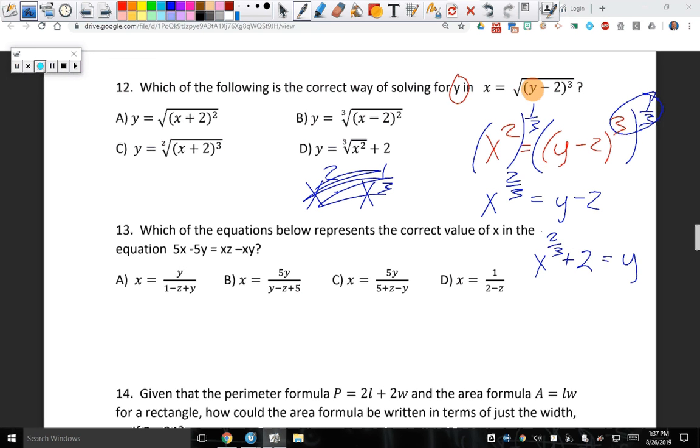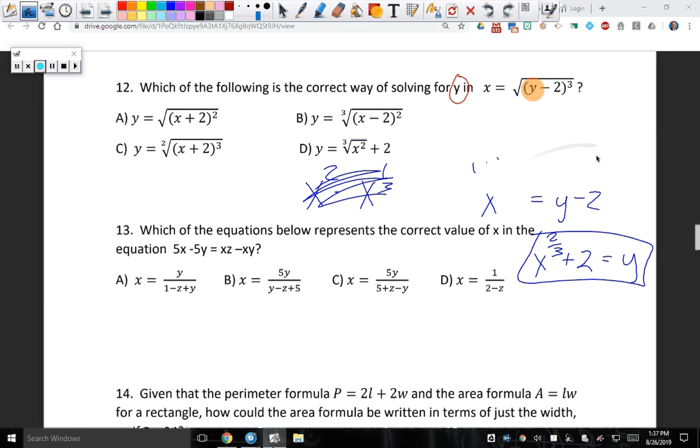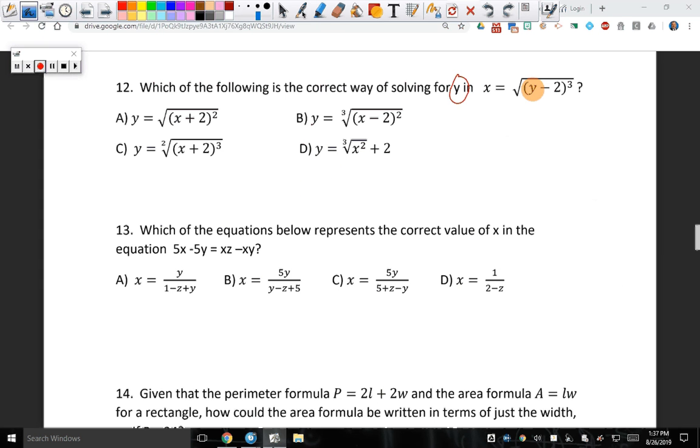Now look. Here's yet another example of what this revolves around. This revolves around inverse functions, okay? If it's telling me to solve for y, that means I have to undo everything that's attached to y right now to get it by itself. And that concept stems from inverse functions. We learned it back in Algebra 2.